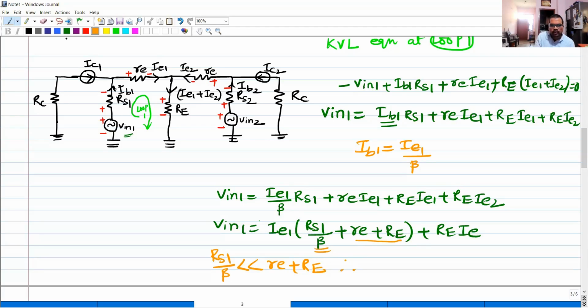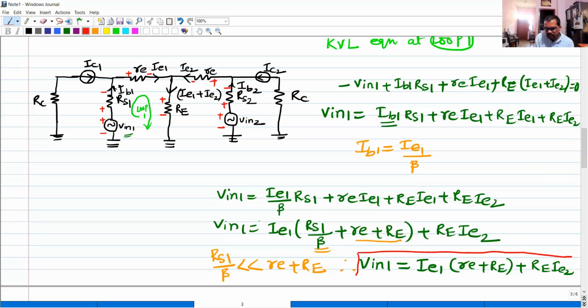Therefore Vin1 is equal to IE1 into RE plus capital RE, plus RE IE2. This is equation 1.